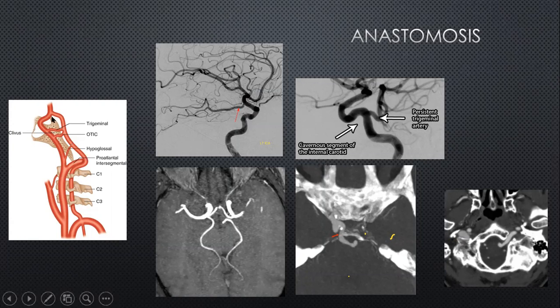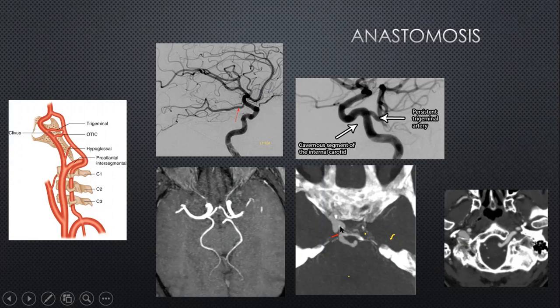There are these embryonic anastomoses between the anterior and posterior circulation, and the one which we talk about commonly is the posterior communicating artery, which communicates from the carotid with the P1 segment. But there are other anastomoses. For example, here we have a persistent trigeminal artery, which anastomoses the cavernous portion of the internal carotid artery and the basilar artery, which is shown over here.